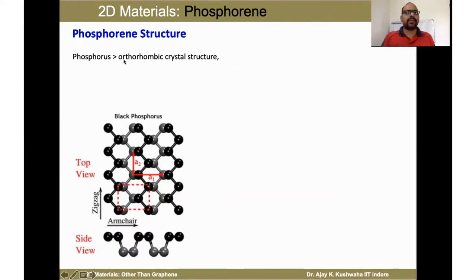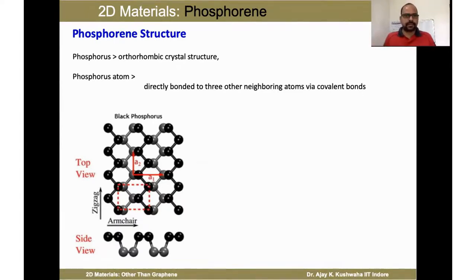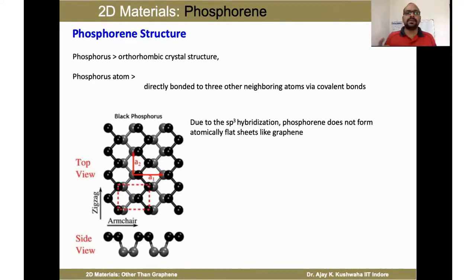Phosphorus has an orthorhombic structure, in which the phosphorus atoms are bonded to their neighbors using covalent bonds. Three neighbors are attached with covalent bonds, and therefore the structure has sp3 hybridization. It's not like in the case of carbon, sp2, with the z direction having just pi interaction. Here it's sp3. So basically the atoms are localized, like two atoms are here, then one atom is down, then the other atom is down. So let's say these kinds of zigzag structures are there.